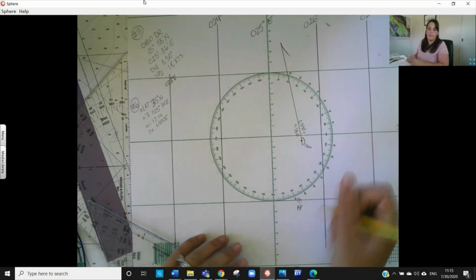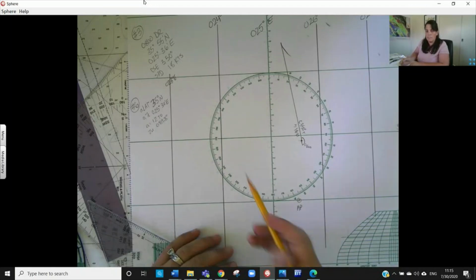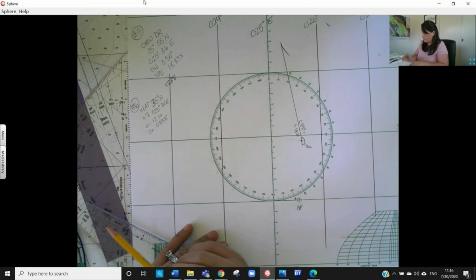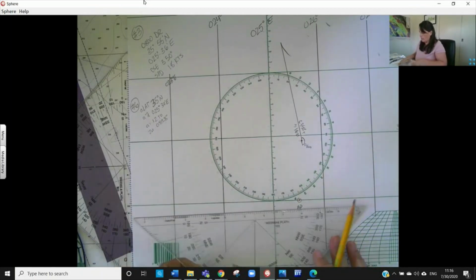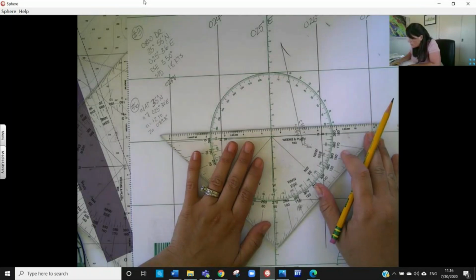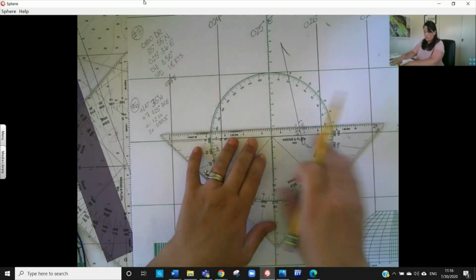So this is our assumed position. Now I have a bearing of 089.8, so about 90 degrees. So I'm going to find my 089.9. Again, that's almost 090.